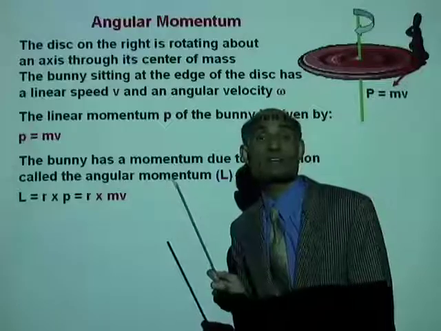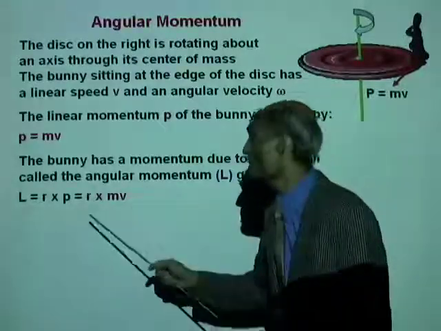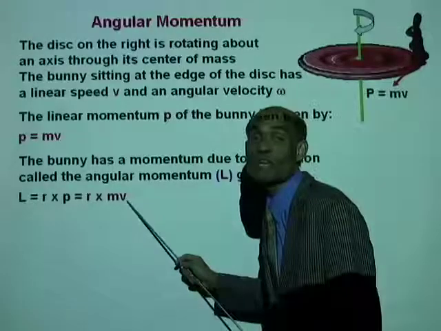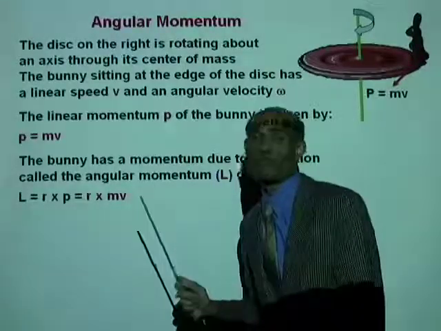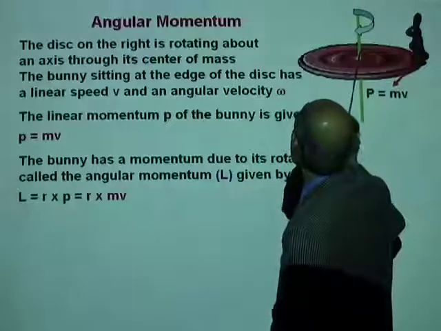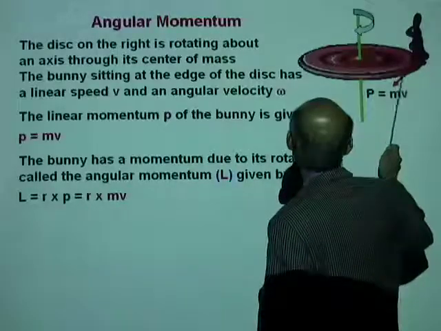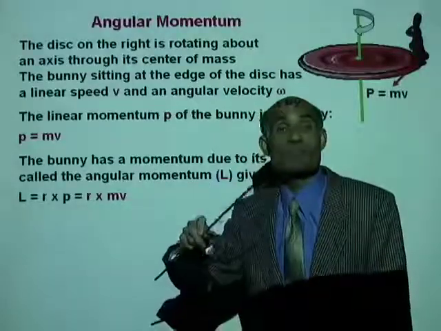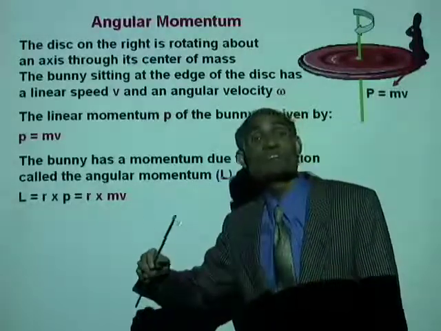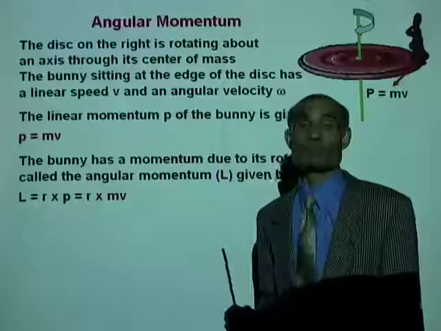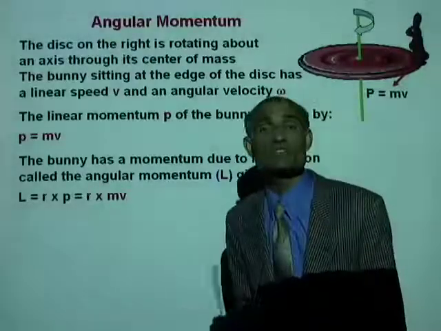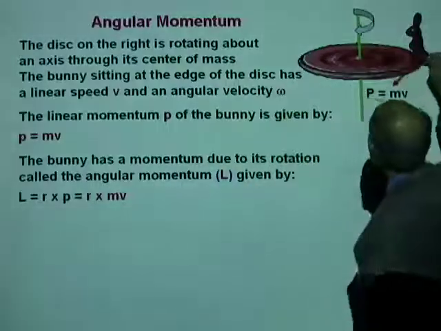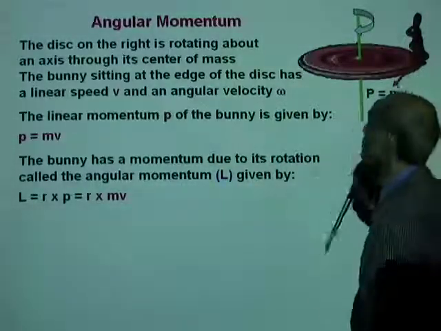They are both at right angles, and therefore we can say it is r times mv. If the angle between r and p is not 90 degrees, then it will become r times mv sine theta. But we will consider cases where the angle between r and p is 90 degrees.